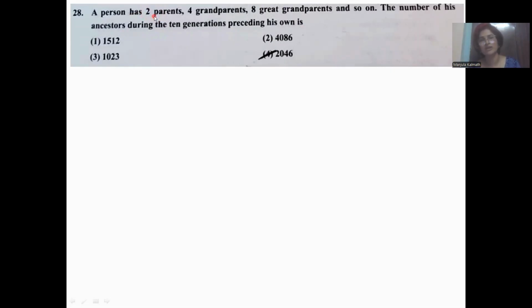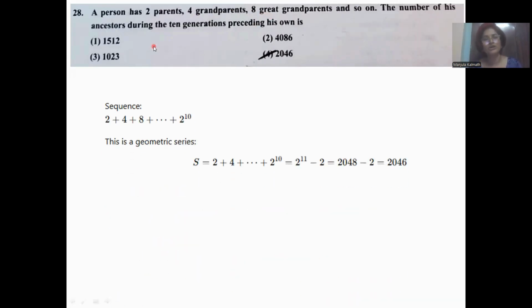It will start from 2 raised to 1, 2 raised to 2, 2 raised to 3, and so on up to 2 raised to 11, because the first one is excluded. So here we have a sequence 2, 4, 8 and so on up to 2 raised to 10, which is 1024.